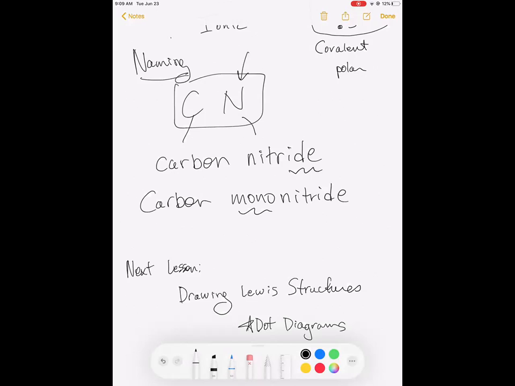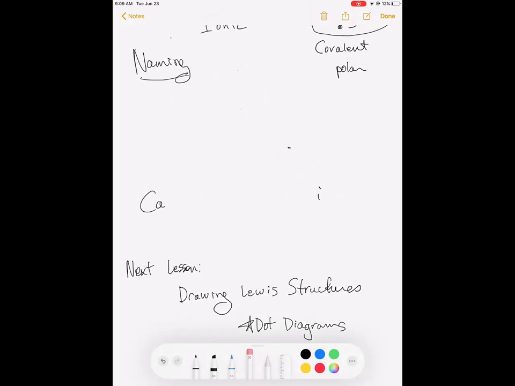Let's have a compound where we've got 3 carbons and 2 nitrogens. All right, so we have to tell how many. Tricarbon, there's 2 of them, dinitride.